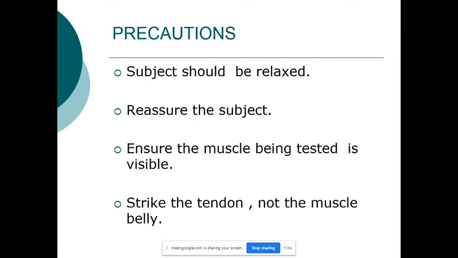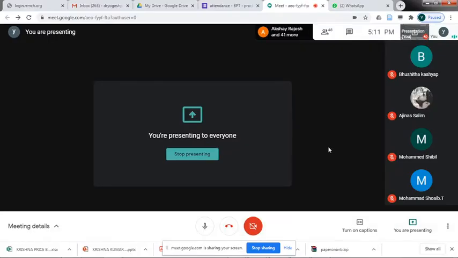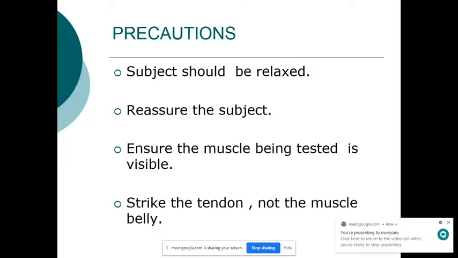So to see that contraction, make sure that the muscle, whichever you are testing, is visible to you. Then we will be striking the tendon of the respective muscle, and we are not going to hit the muscle belly. For example, for the biceps jerk, we will be hitting the biceps tendon. We are not going to hit the muscle with the knee hammer.